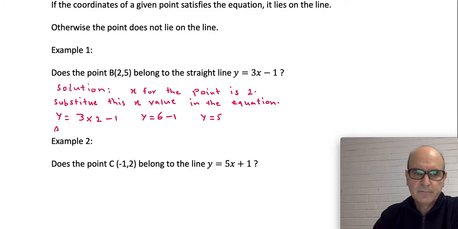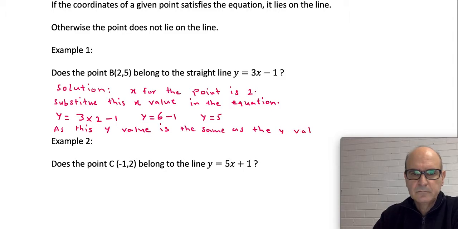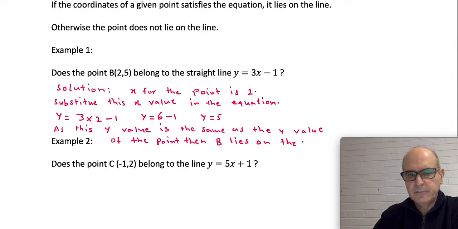As this y value is the same as the y value of the point, then the point P lies on the line. So the answer is yes, it lies on the line.